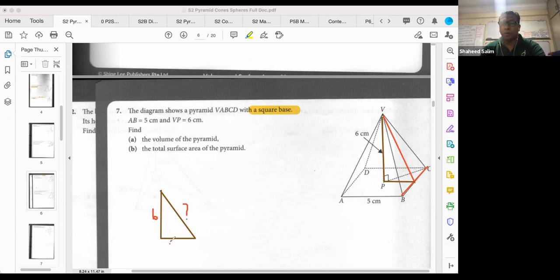Down here is 2.5, 5 divided by 2, it's half. So remember, a squared plus b squared equals c squared. So 6 squared plus 2.5 squared, you must square it, is equal to x squared. Okay, you do now, and see whether you get the same answer. Then you must square root the answer.